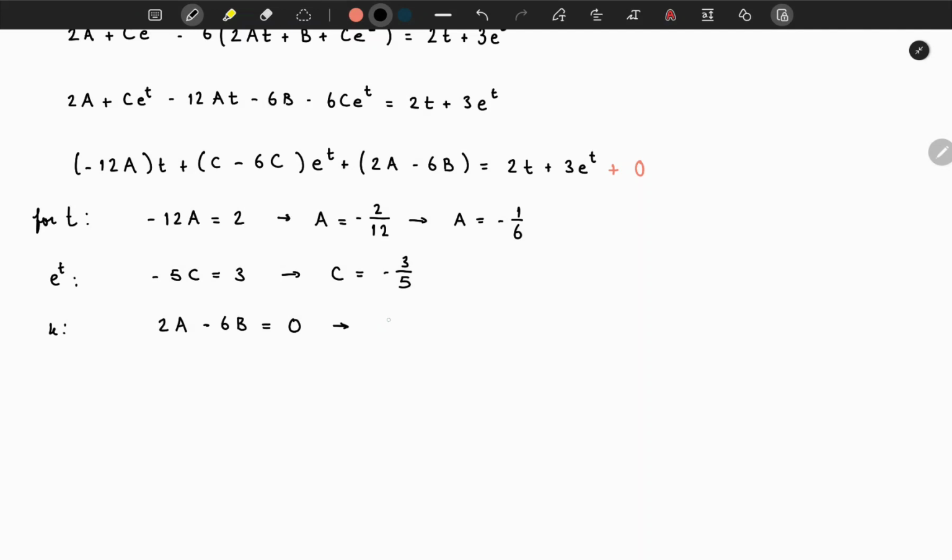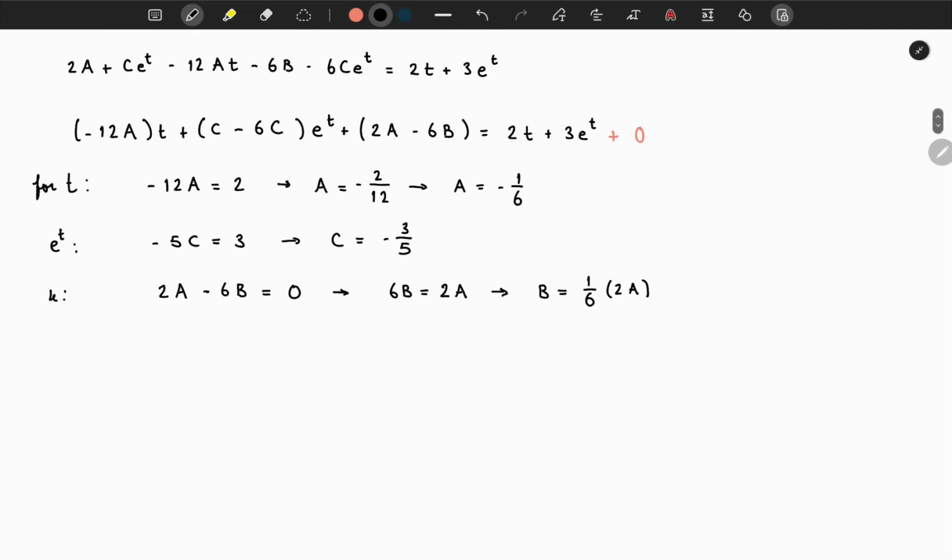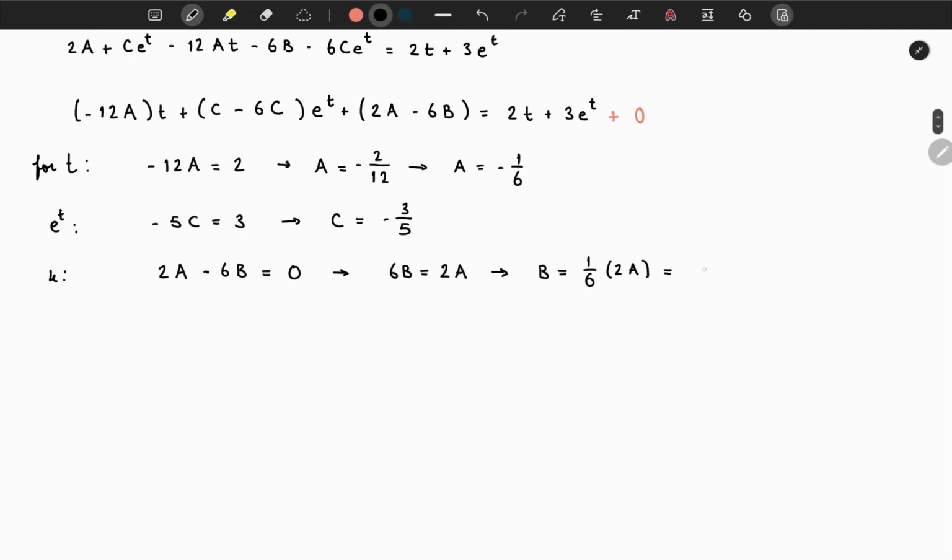Let's go ahead and actually solve first. So we would have 6b is equal to 2a, and then we would have b is equal to 1 over 6 times 2a. Now, what is a? Well, we know that a is negative 1 over 6.